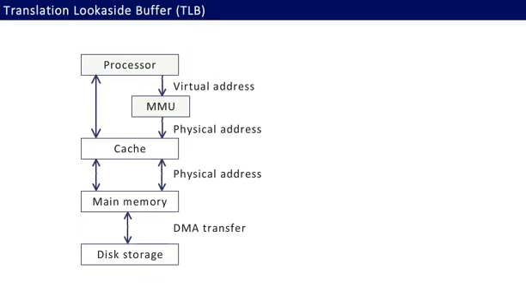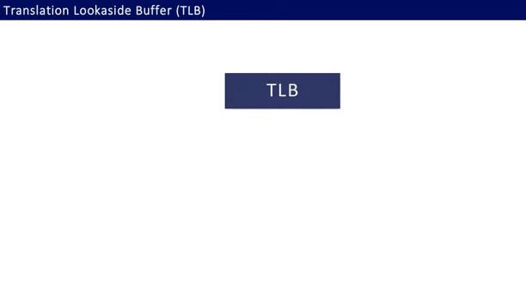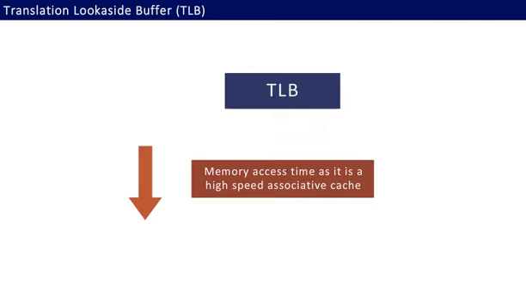The address translation process in the MMU requires some time to perform, mostly dependent on the time needed to look up entries in the TLB. Thus, the TLB is used to reduce memory access time as it is a high-speed associative cache.